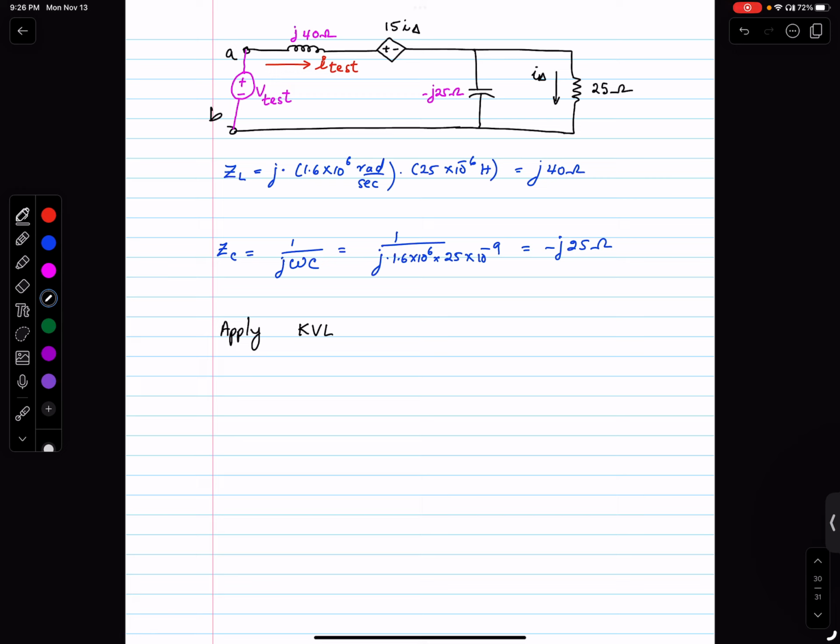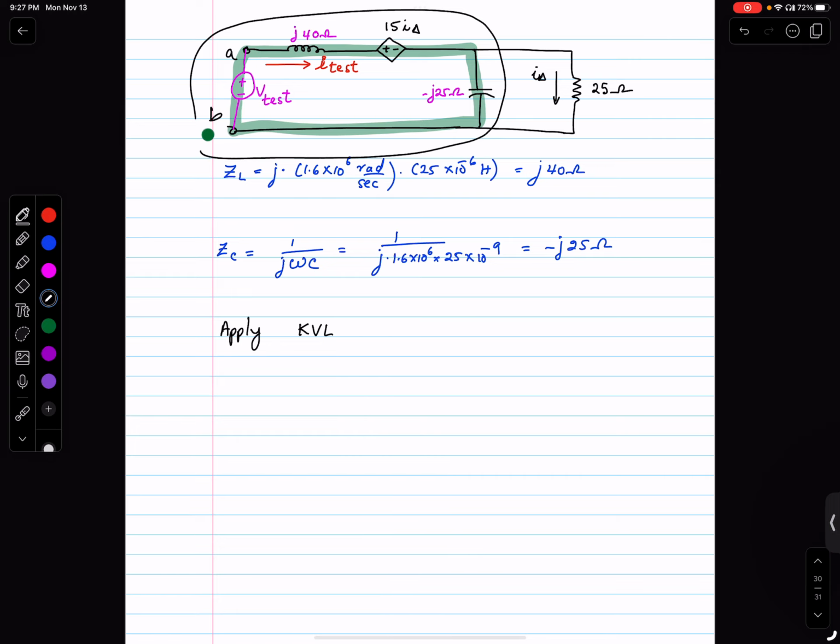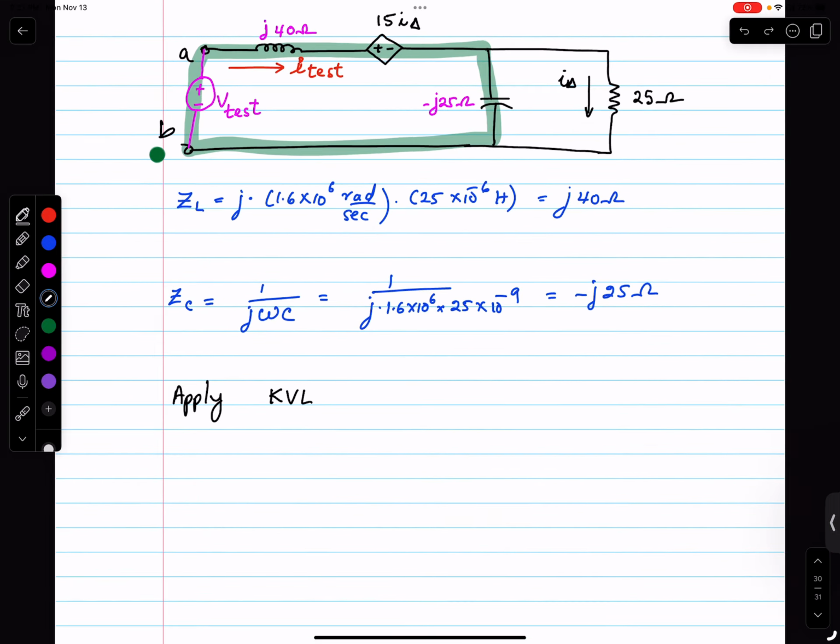Not the outside loop, look at this loop here. That's the loop from which we are applying KVL. Start at the bottom left corner, go through the entire loop and add up all the voltage drops, and equate them to zero. KVL, right?